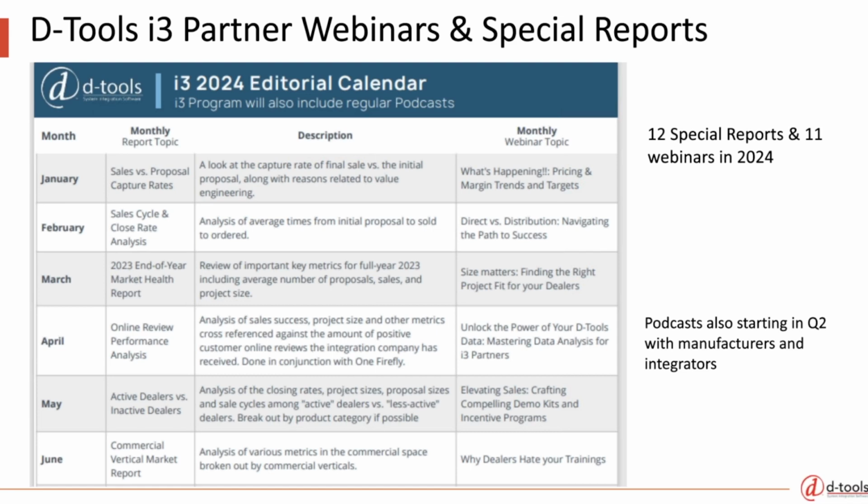It's going to have some really interesting data that I think you're going to be fascinated by, to see how the whole year of 2023 ended up. And then we're going to be doing these monthly webinars, and you can see some of the topics there that we've got planned for this month, and then into the second half of the year on the next slide.